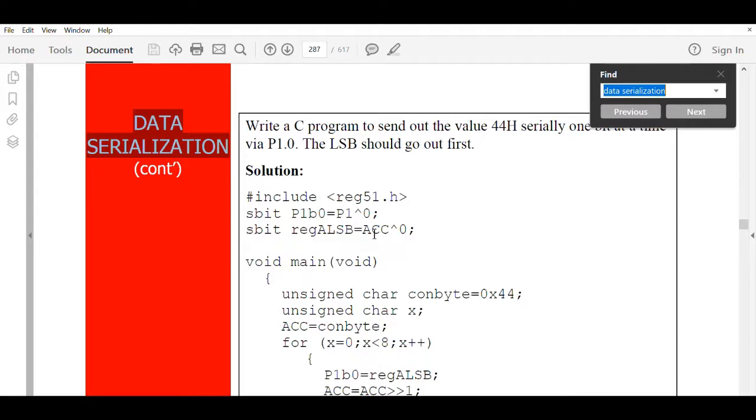The accumulator LSB will be sent to P10 directly. So ACC0, the LSB of the accumulator, will be sent to P10. That is what you are going to do, by rotating to the right.